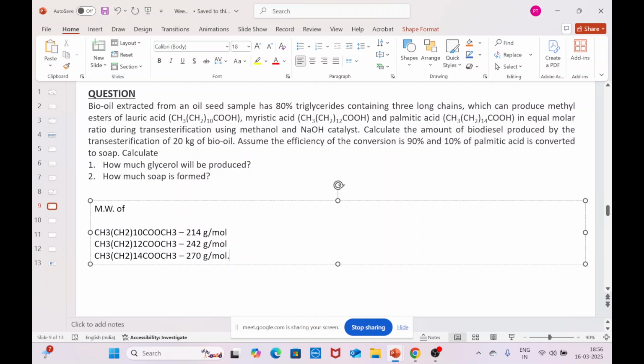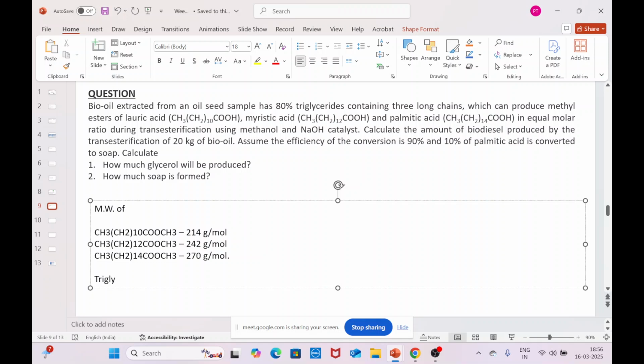Okay. So now the triglycerides contain three long chains which can produce methyl esters in equal ratio during the transesterification using methanol and NaOH as a catalyst. It will produce the alkyl esters of these fatty acids plus glycerol.